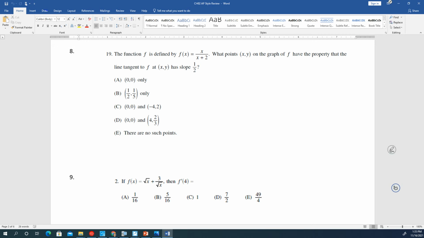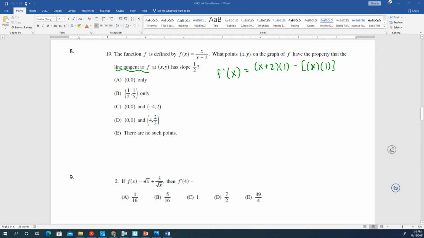Okay, so I see that line tangent to f, and I'm thinking derivative. Instantaneous rate of change. The slope at a specific point. I'd probably do product rule here. Or not product rule, sorry. Quotient rule. I was going to say you could do product rule if you wanted to. I'll do quotient rule. So low, d high, minus high, d low.